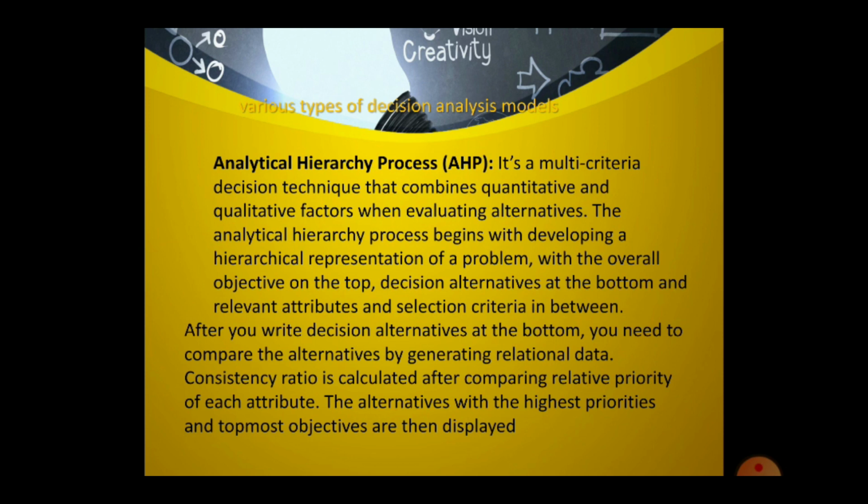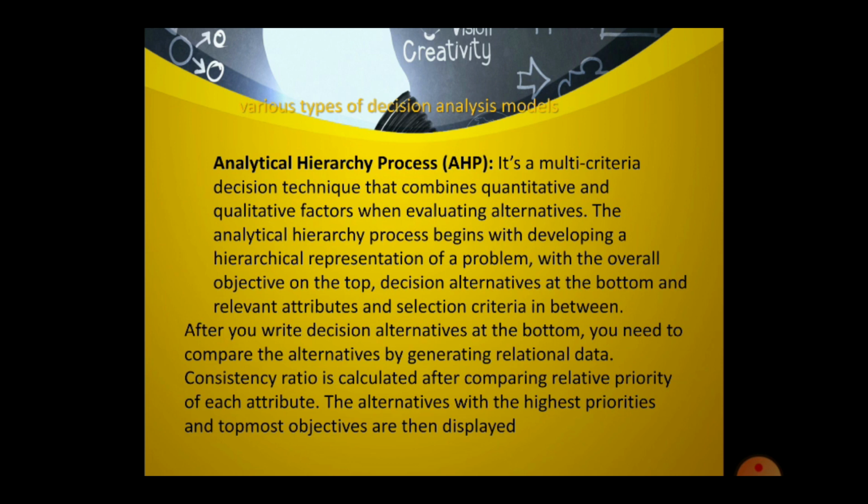Analytical hierarchy process, AHP. It is a multi-criteria decision technique that combines quantitative and qualitative factors when evaluating alternatives. The analytical hierarchy process begins with developing a hierarchical representation of a problem with the overall objective on top, decision alternatives at the bottom, and relevant attributes and selection criteria in between.